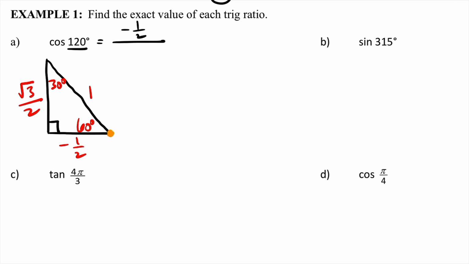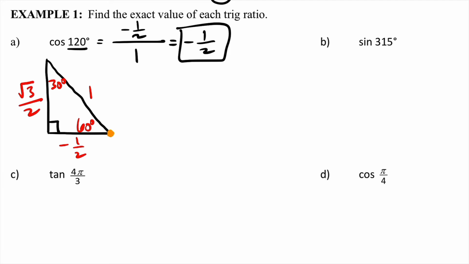So it's going to be negative 1/2 over hypotenuse. Hypotenuse is 1. What do I get if I divide negative 1/2 by 1? Negative 1/2. You divide by 1, you're always going to get the same thing. It's not going to change. So the cosine of 120 is negative 1/2.